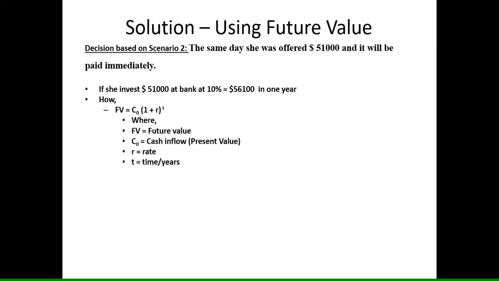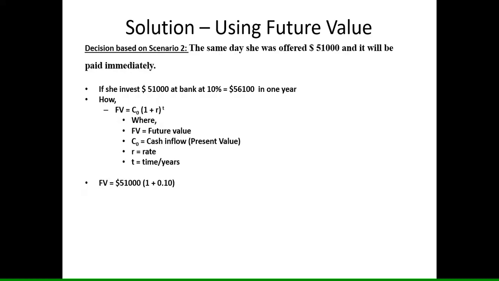There is not much difference. Future value equal to C naught. Normally this will be called PV, present value, but since we are receiving today itself, I have taken it as C naught. This is up to you. You can use present value as it is. Into (1 plus R) power T, we are familiar with that. So what will be the case here?